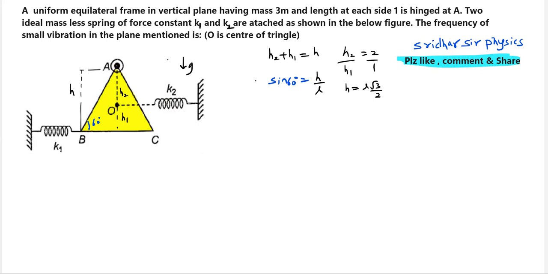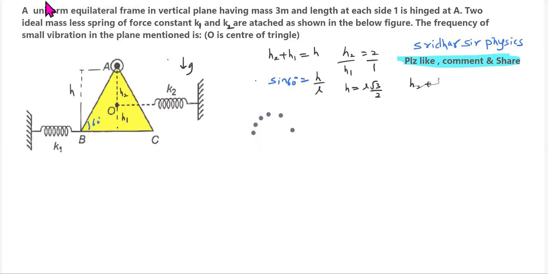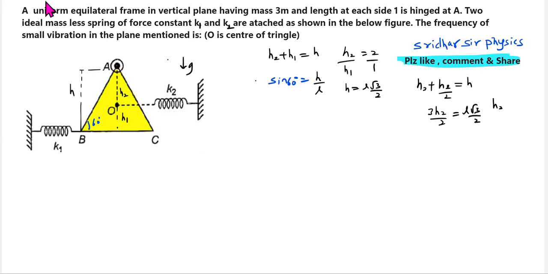So I'll substitute the value here. H1 equals H2 by 2. So H2 plus H2 by 2 equals H. So this will be 3H2 by 2 equals L root 3 by 2. So H2 equals L by root 3.